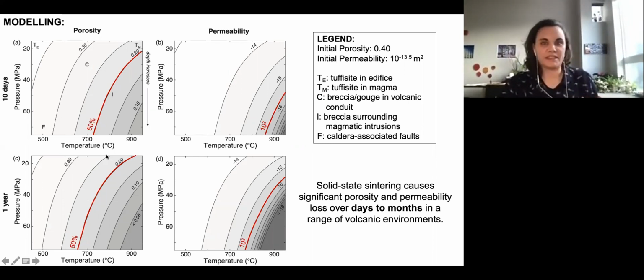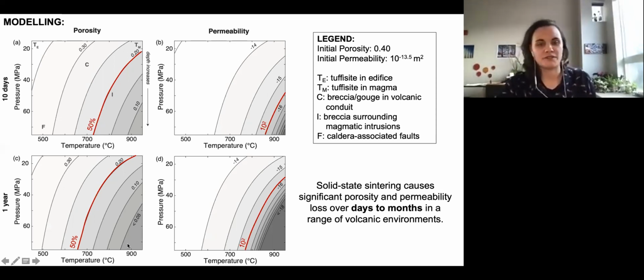It's a little bit busy, so I've highlighted on here 2 specific contours in the porosity column. These are contours that mark a 50% reduction in porosity. And you'll note that materials that are above 700 degrees and above about 25 MPa in pressure are expected to lose nearly 50% of their porosity over a period of just 10 days.